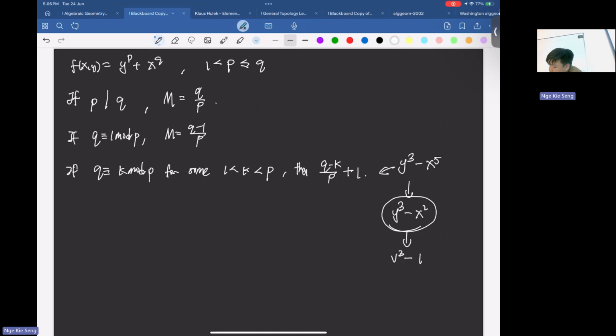Am I right? Yes, x v cubed minus 1. No, you can only factor out the x squared, like if you try to substitute y equals xv one more time, and then the remaining is x v cubed minus 1.